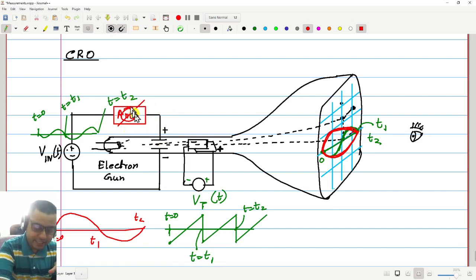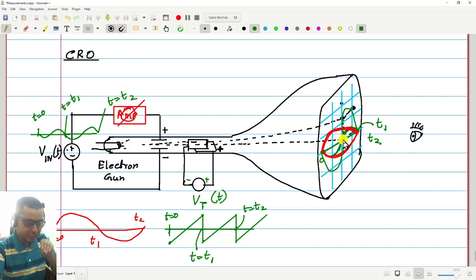If you increase the gain of this amplifier, then this displayed voltage will be more or less. And from the number of divisions on this graph and the gain factor of this amplifier, we can measure the amplitude of this waveform. So this is one adjustment in an oscilloscope to increase the size of the display in the vertical direction.